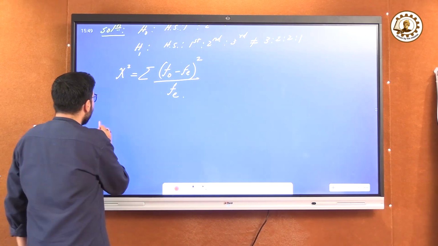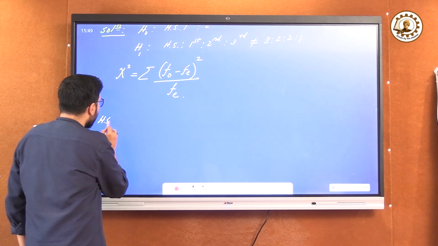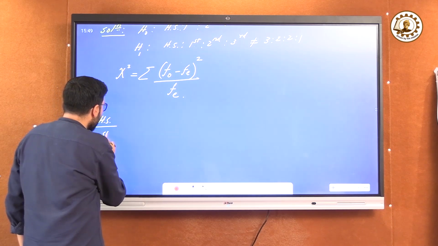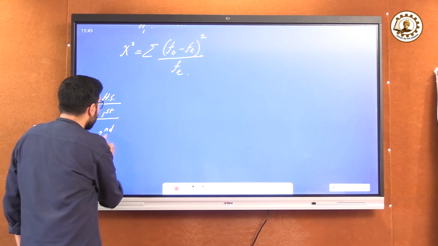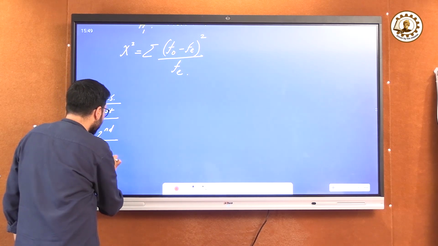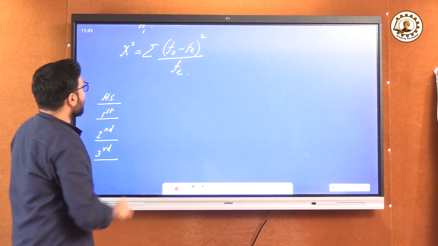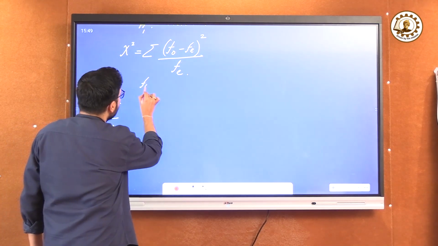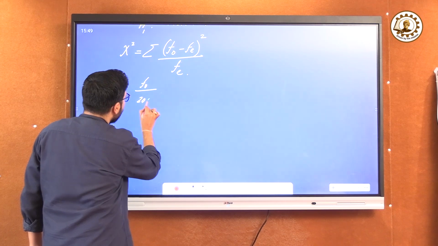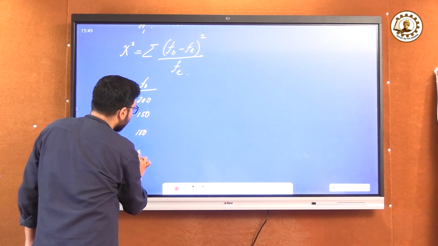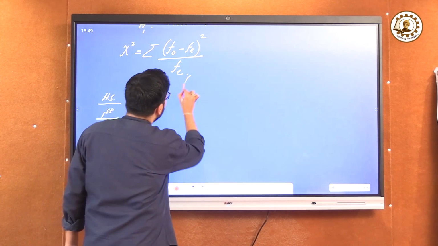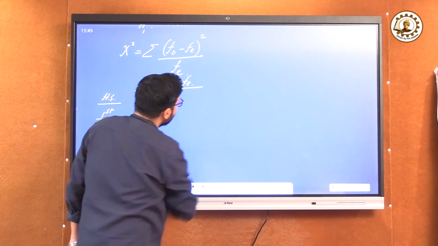So first I will write it in this way, HS, then it is first year, then second year and third year. See, the observed frequencies are 200, 150, 150. Next we have to get the expected frequency.